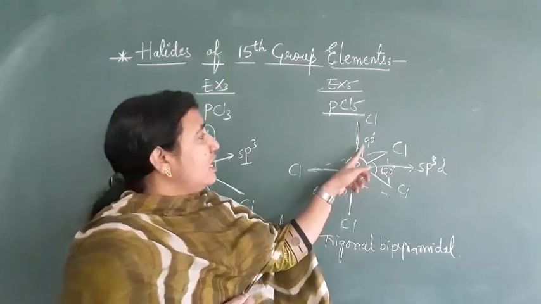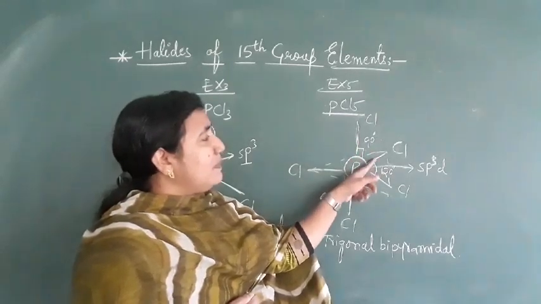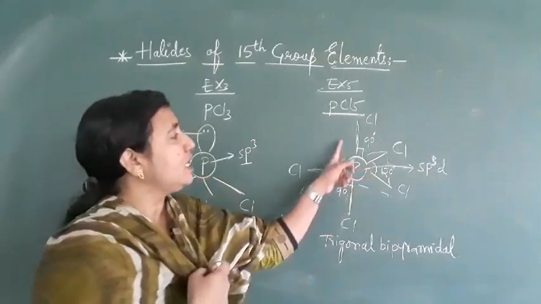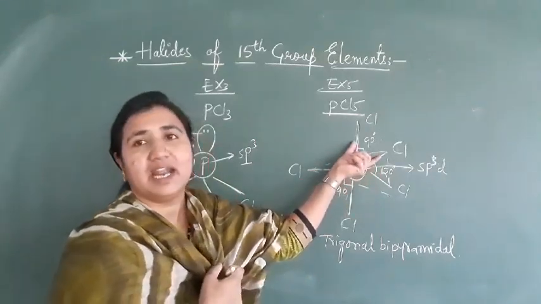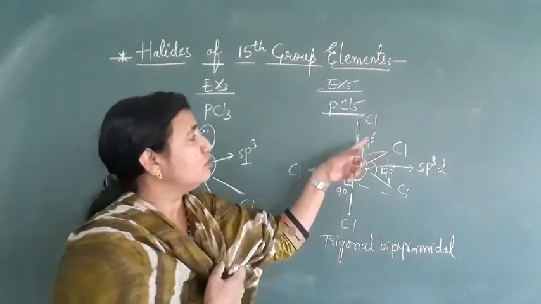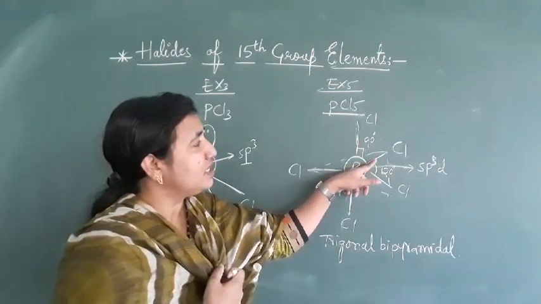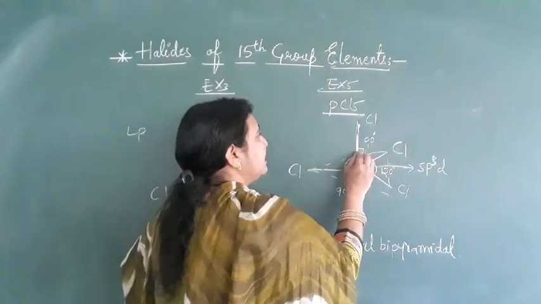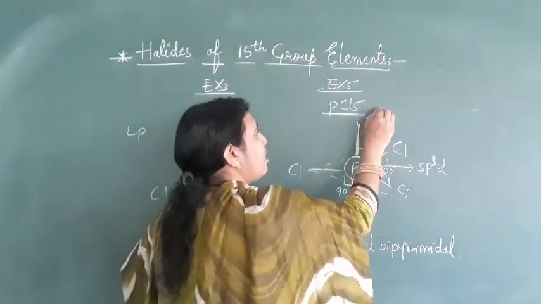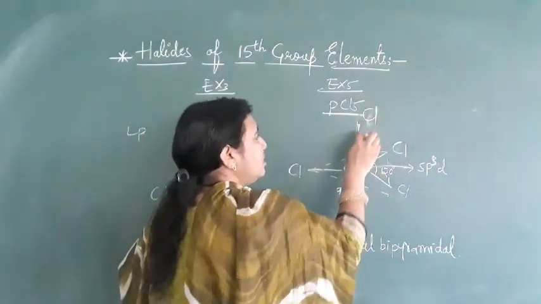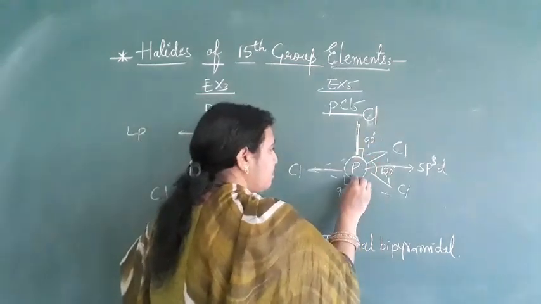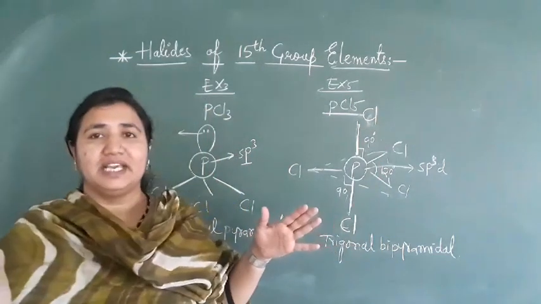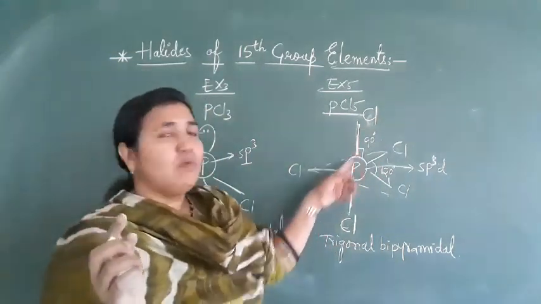Due to that, the repulsion between axial bonds is more, because the angle is only 90 degrees. So the repulsion between these two bonds is high, and the axial P-Cl bond length increases. That is why these two bonds are weak.